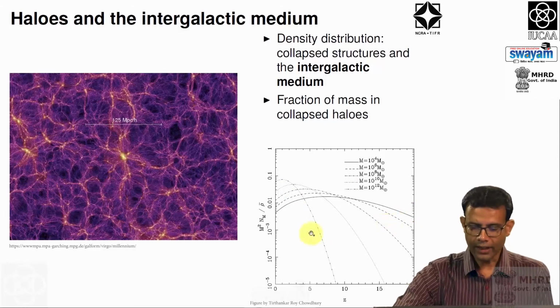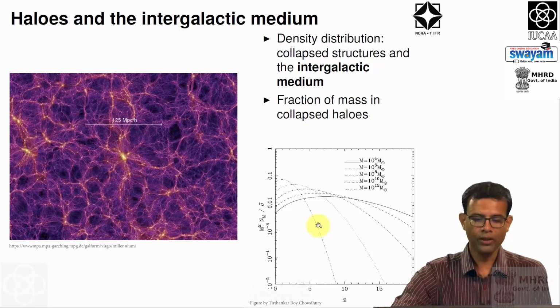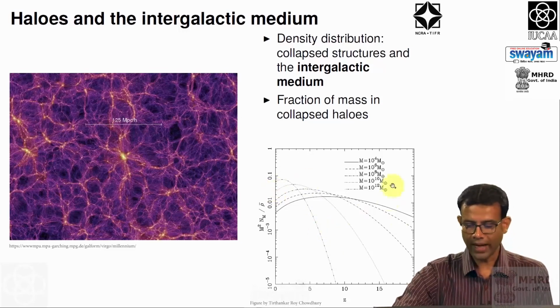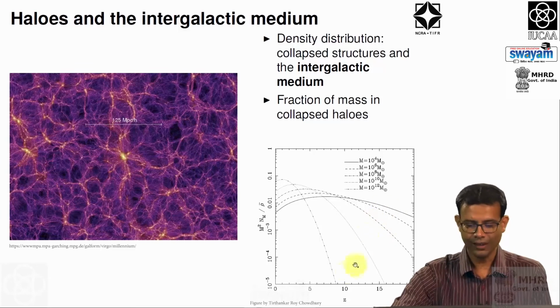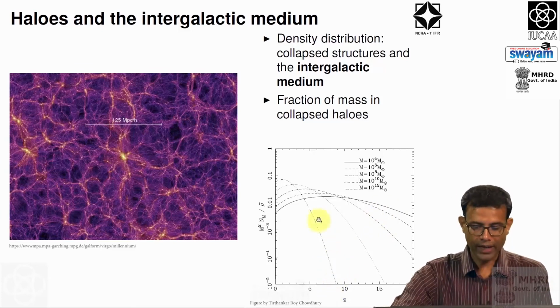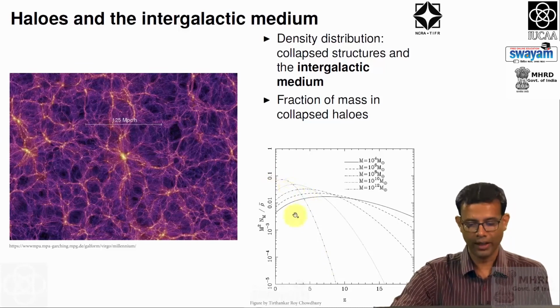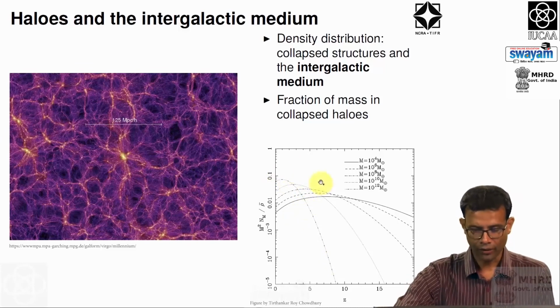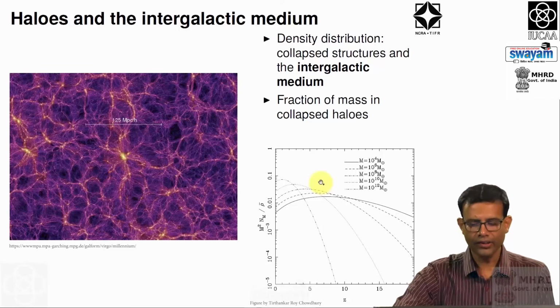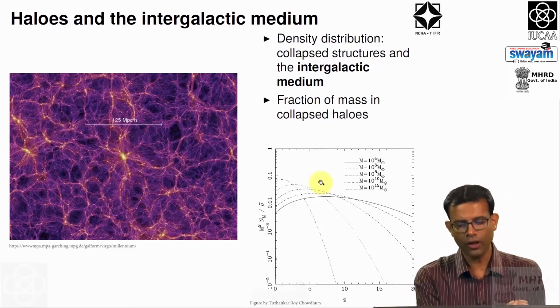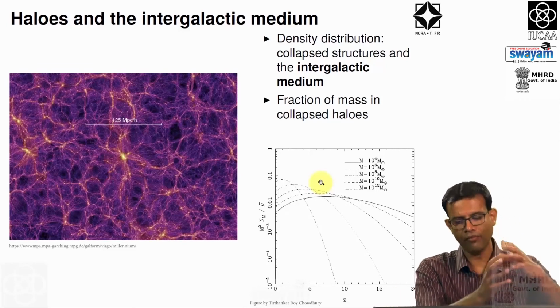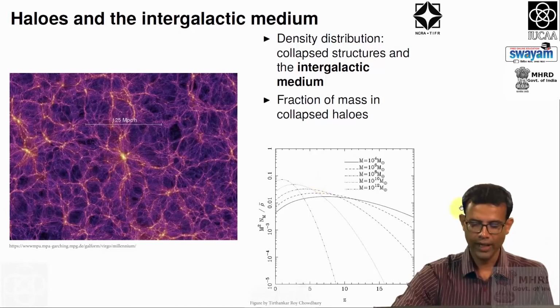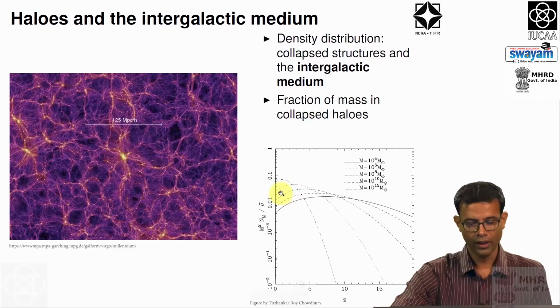At later times the heavier halos start to come into the picture. At early times there is no mass in 10 to the 12 solar mass halos, but at lower redshifts the mass is dominated by these heavier halos. This is known as hierarchical structure formation, where small halos form first and they merge and form larger halos.